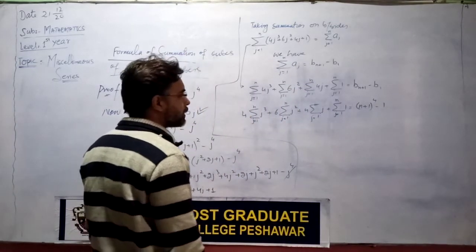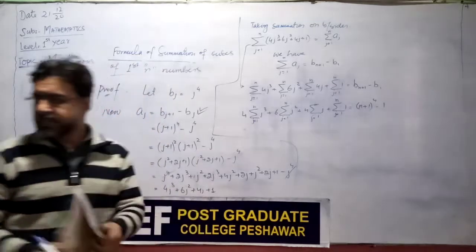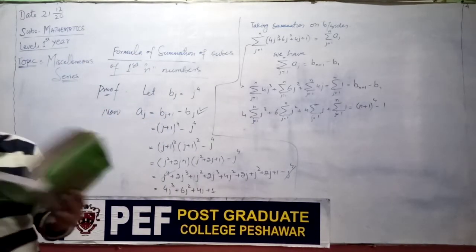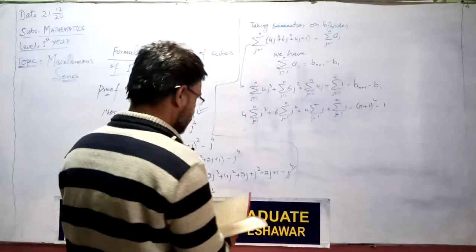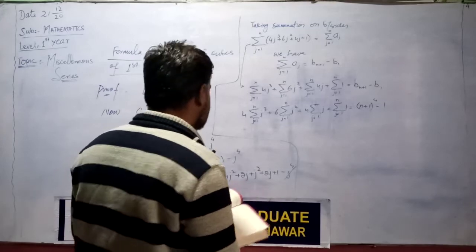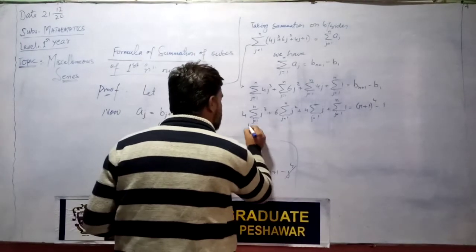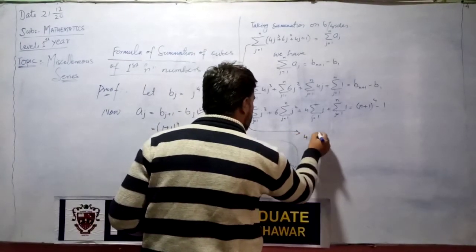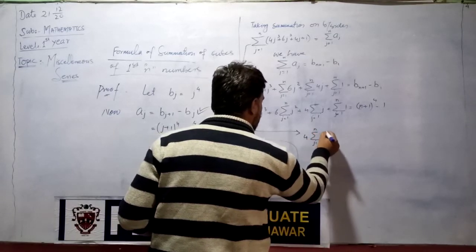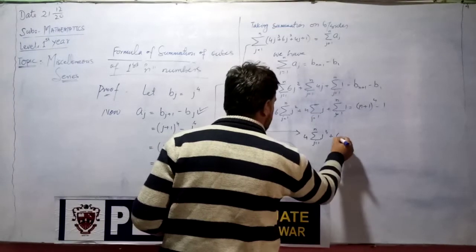Now from the previous formulas that I have already developed, this is the thing to be calculated to develop a formula for the sum of j^3.